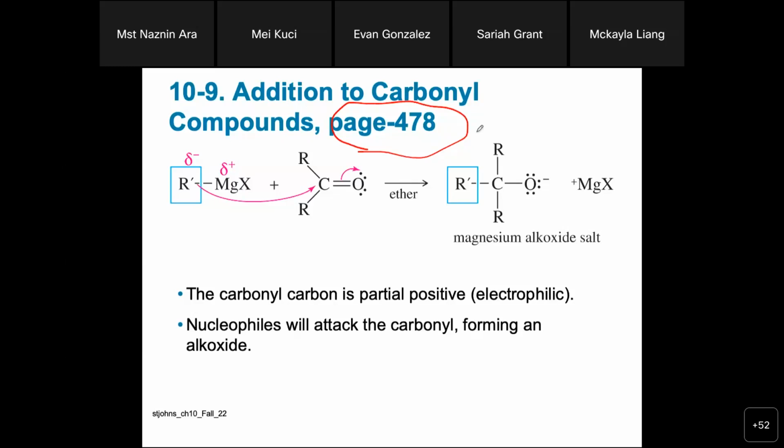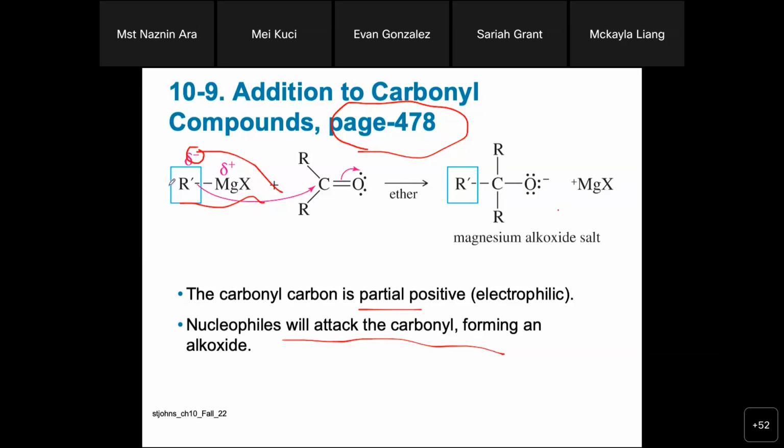So, addition to carbonyl compounds. Now you can see how it works. When we have the Grignard reagent, we see partial negative and positive charges. The carbonyl carbon is partially positive, so it is electrophilic, and the Grignard carbon is negative, so that's why it attacks here. The nucleophile attacks the carbonyl, forming an alkoxide.